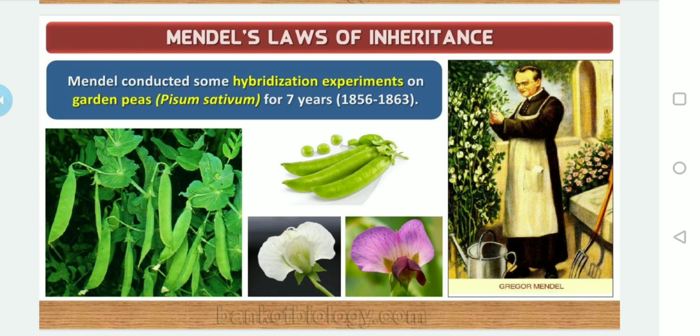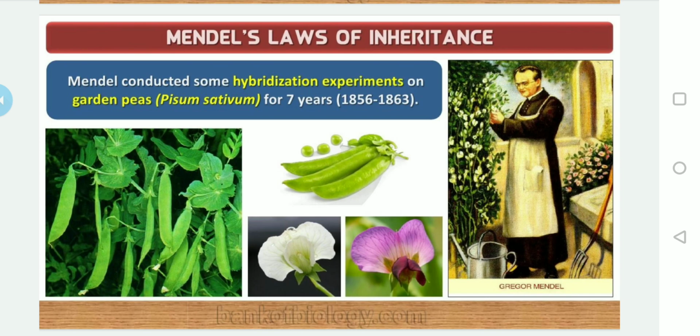In some books it is mentioned as 57 also, no problem or no issues. In some textbooks it is mentioned that he conducted the hybridization experiments for a period of 8 years, between 1857 and 1865.